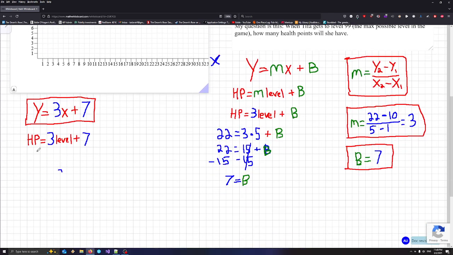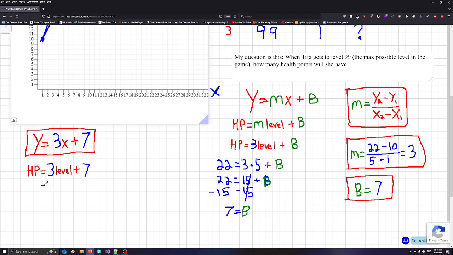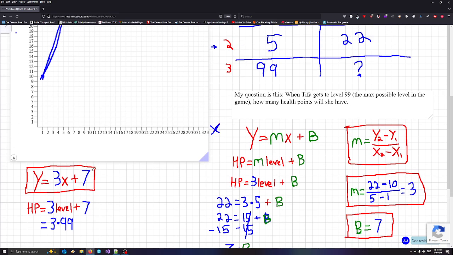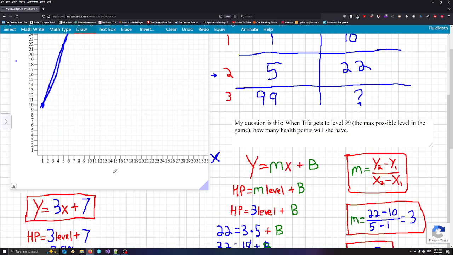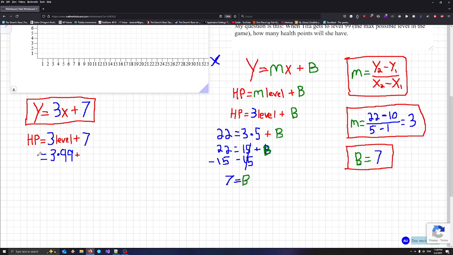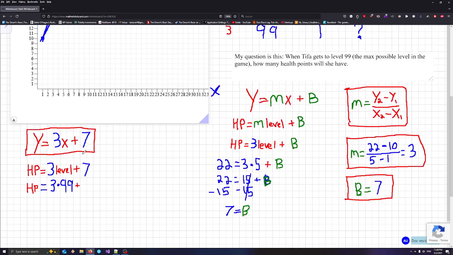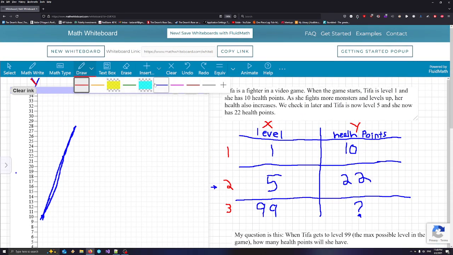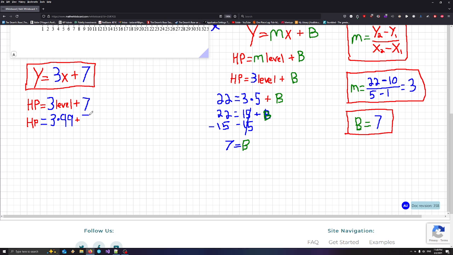So 3 times the level, which is 99, plus 7.